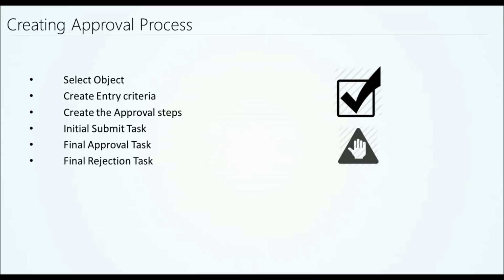So what are the things we need to do to create an approval process? Here, first, similar to the workflow, we need to specify one object. That's very important. The object for which you want to submit records for approval should be selected first. Then there is the entry criteria: which conditions should be satisfied for submitting for approval. Then create the approval steps.